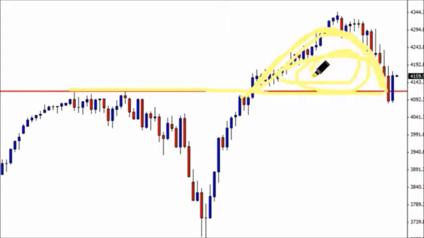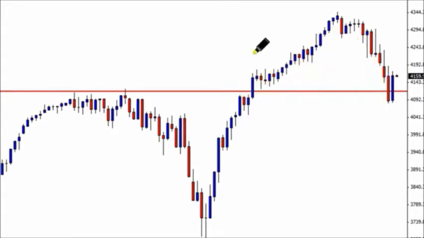A major mistake that a lot of traders often make is that they don't trade reversals from the correct swing points. And what I mean by that is they don't trade their pin bars or 2 bars or their engulfing bars or whatever the reversal signal is they're trading. They don't trade it from the correct swing point.